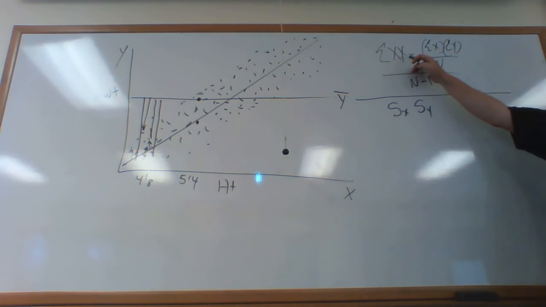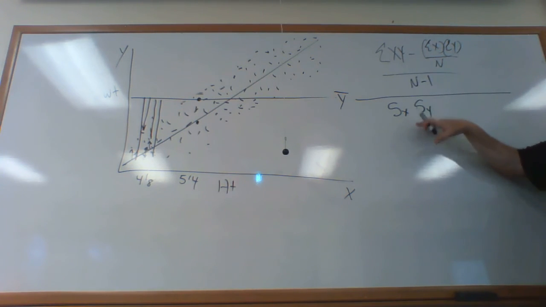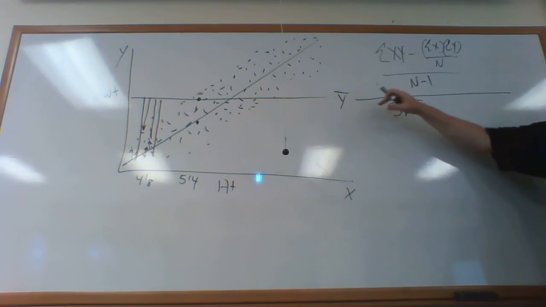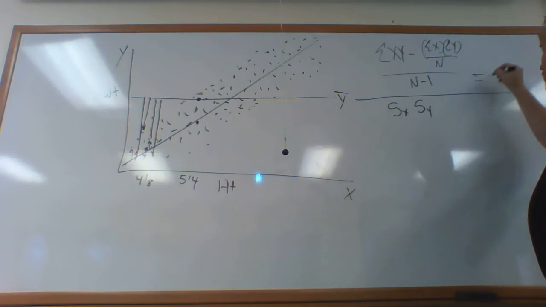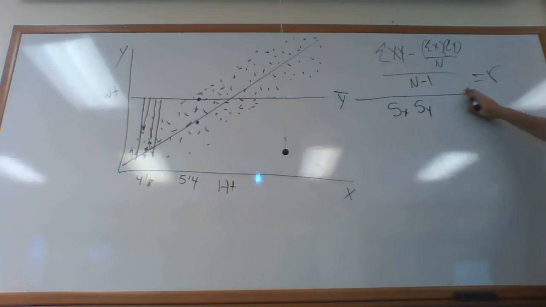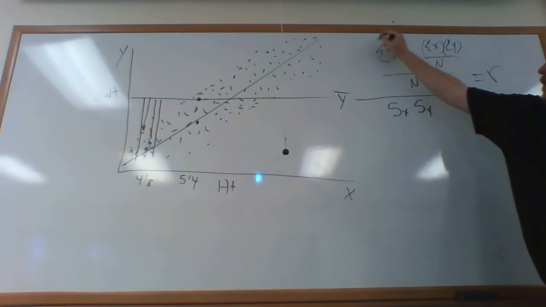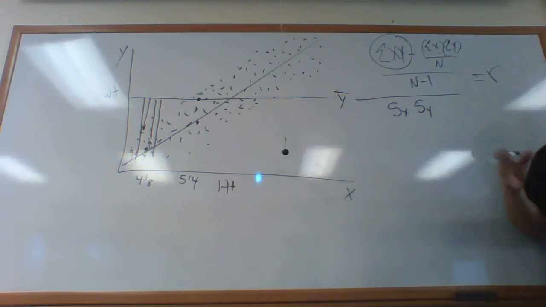So this will be a big number times a small number, or a small number times a big number. This total could be much smaller than this. So the numerator of this can be negative. This cannot, but this can. So you can see how a correlation coefficient could be negative because of this term right here. The sum of the cross product is the wild card.